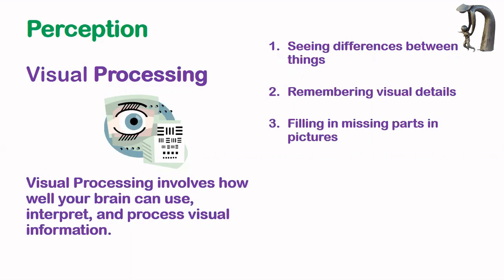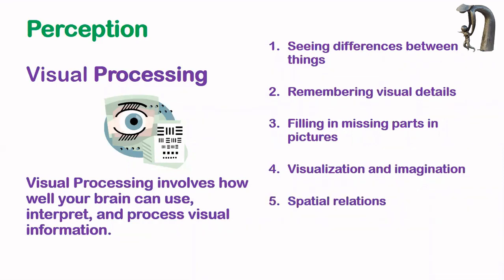Then there is filling in the missing part, like puzzles. Then visualization and imagination, where your thinking is involved. So visual as well as thinking; see how it is connected together. The spatial relationship, creating things and trying to understand direction. This is how visual processing works.